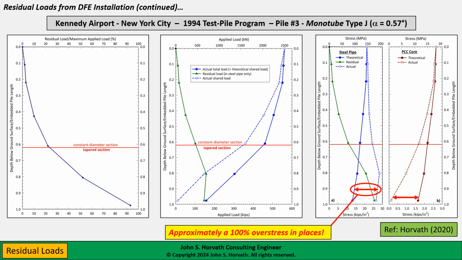When I first started looking into this some years ago, I was shocked. I mean, believe me, I spent more than 50 years of my professional career working extensively in the New York City metropolitan area, where concrete-filled pipe piles, either constant diameter or tapered, are the foundation of choice in many, many, many projects, both in the past and continuing to the present.